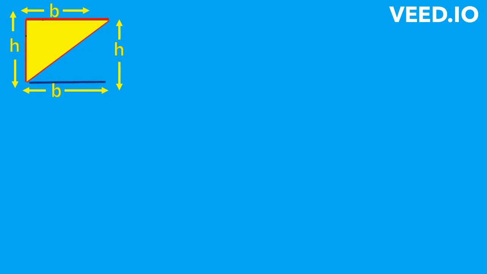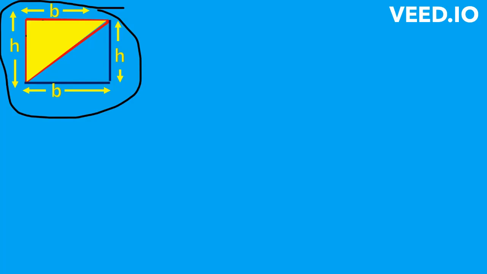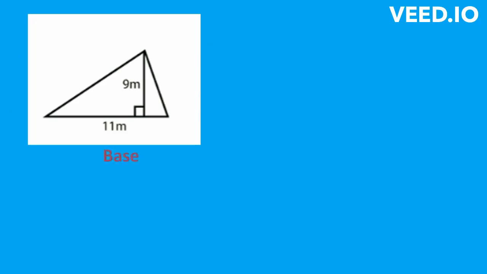Let's convert this triangle into a rectangle by drawing lines like this. Now the area of this whole rectangle is length times width, which is b times h. But we need to find the area of this yellow triangle here. Obviously, this is half of the area of the full rectangle. So area of a triangle is half times base times height.